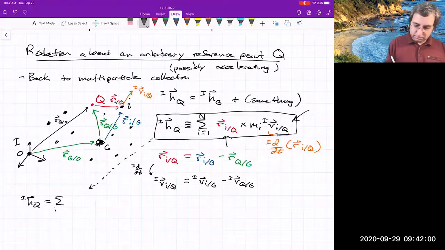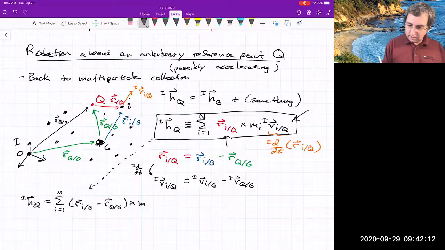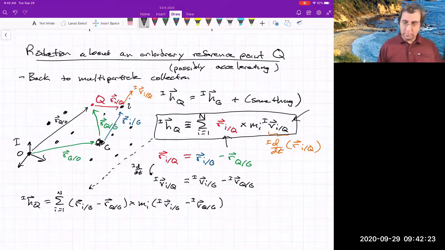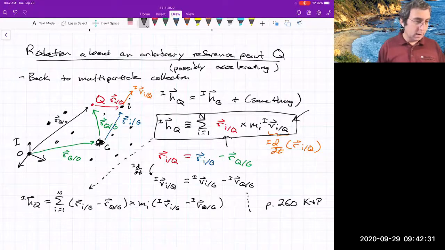This is a sum from 1 to n, (RIG minus RQG) cross mass of particle I, (VIG minus VQG). Okay, and if you are following along, this is on page 260 of Kasdin and Paley.